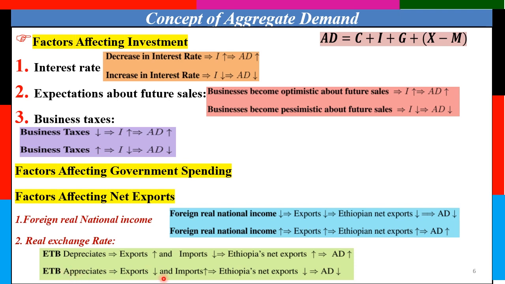At that time, the ability to buy products from the rest of the world goes up. This causes what? Net export is decreasing, because import is greater than export. This causes aggregate demand to go down or decrease. This is all about some factors that affect the elements of aggregate demand.